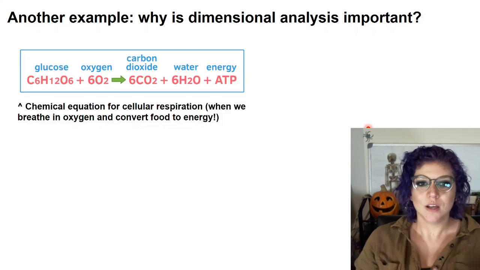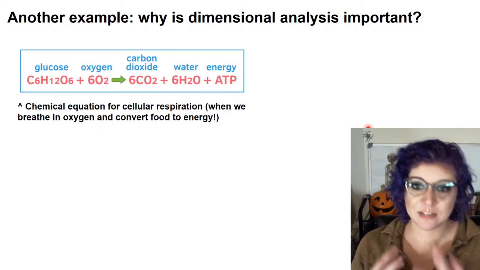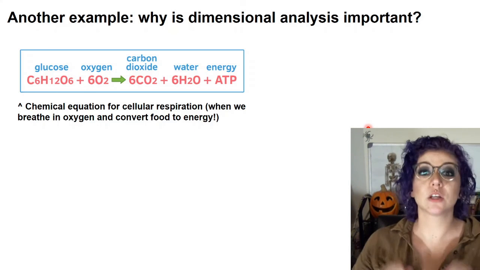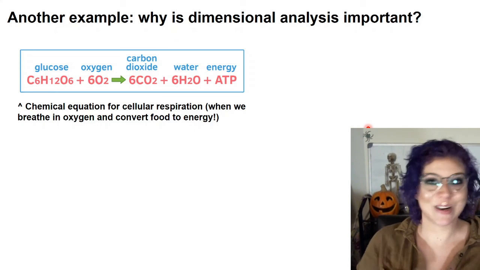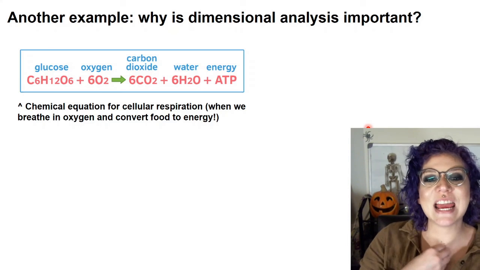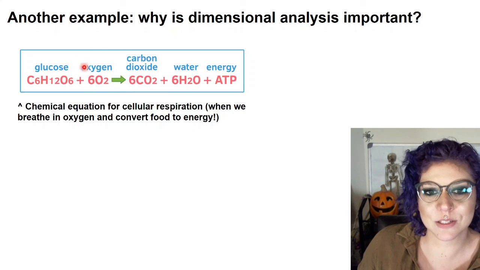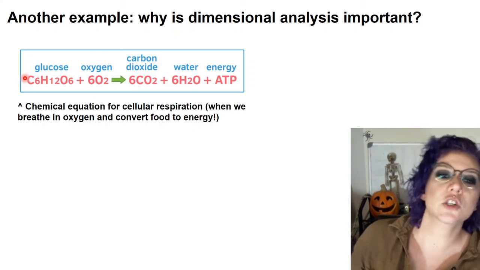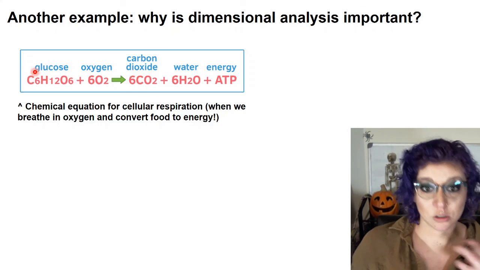Okay, so what you see in this box is the chemical equation for cellular respiration. So yes, biology can be described with chemistry. This is when we take in oxygen. So we see the 6O2 oxygen, and we see the C6H12O6. This is sugar, glucose.